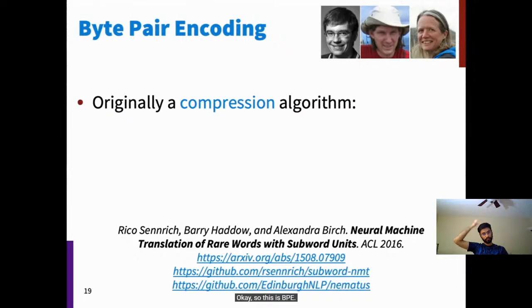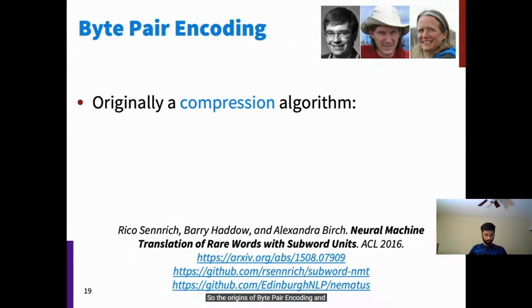Okay, so this is BPE. BPE is actually a pretty simple idea which has nothing to do with deep learning, but the use of BPE has become pretty standard and successful for representing pieces of words, to allow you to have an effectively infinite vocabulary while actually working with a finite vocabulary.